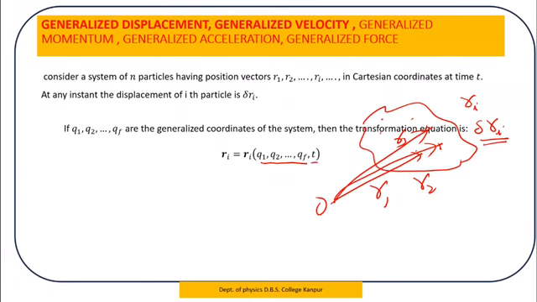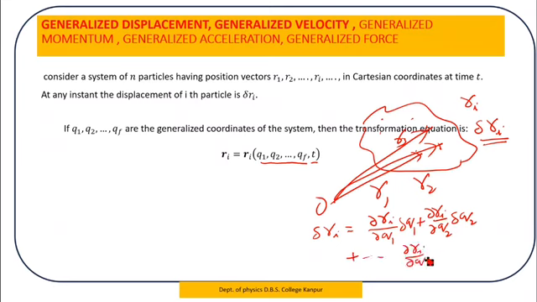Now differentiating ri: delta ri is equal to del ri upon del q1 delta q1 plus del ri upon del q2 delta q2 plus ... plus del ri upon del qf delta qf plus del ri upon del t delta t.